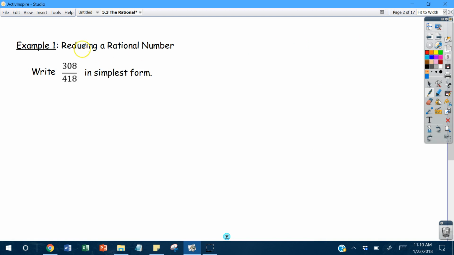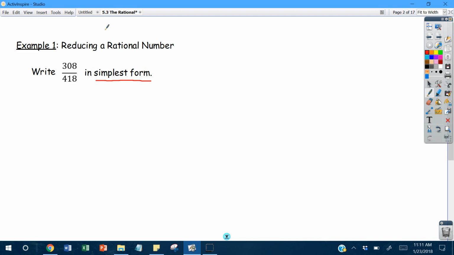Here is a rational number, 308 divided by 418, and we want to write it in simplest form, which means we want to see if there's any way we can reduce the numerator and the denominator. We're going to do that by finding some common factors. I've been playing with these numbers, and you can see they've got to have some factor in common. I know ahead of time that the numerator is divisible by the number 22.